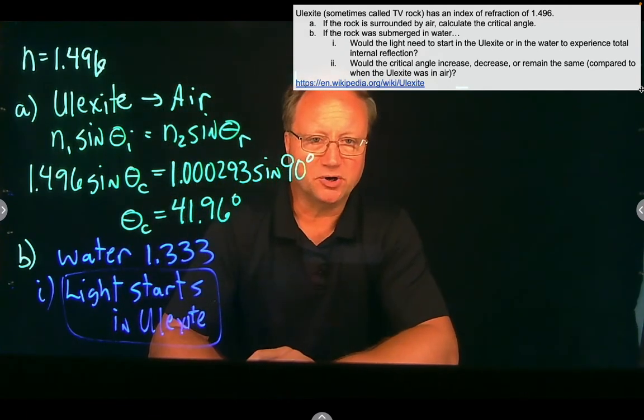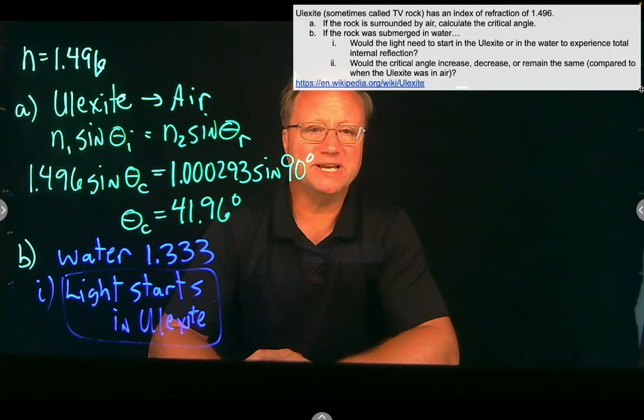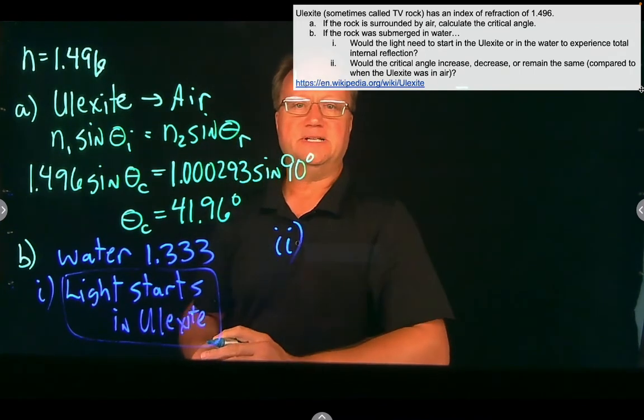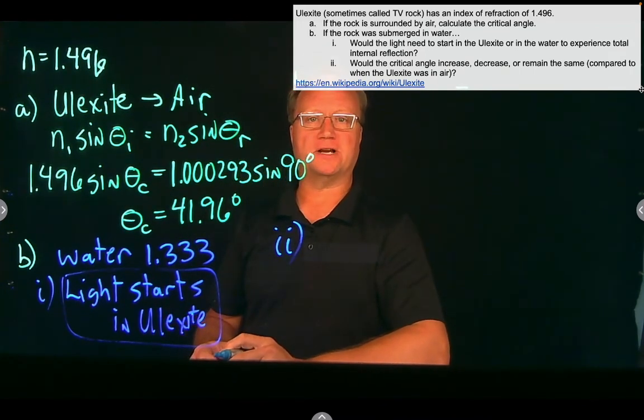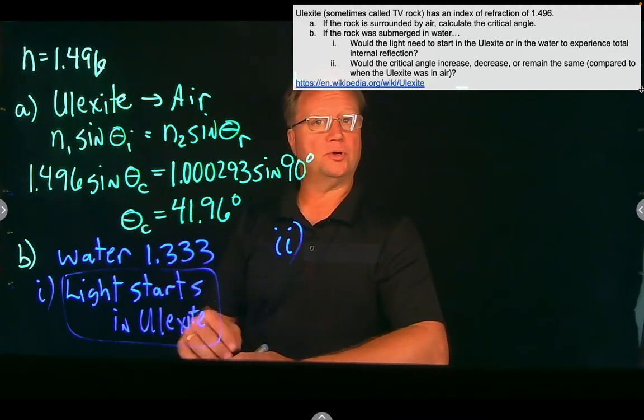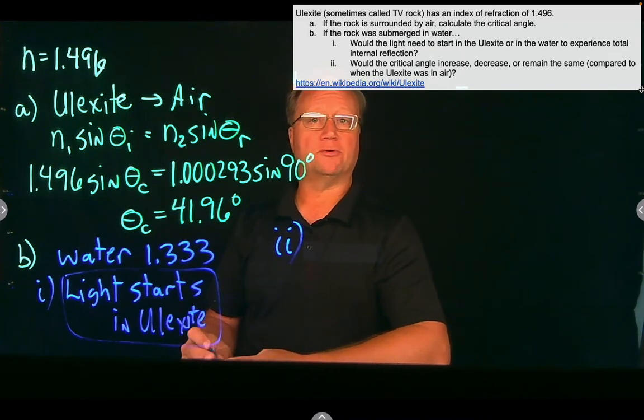Now, the second part. Would the critical angle increase, decrease, or remain the same compared to when the ulexite was in the air? Well, index of refraction describes how light is going to refract, and the higher the index of refraction, the more the light slows down, and the more the light slows down, the more it refracts.